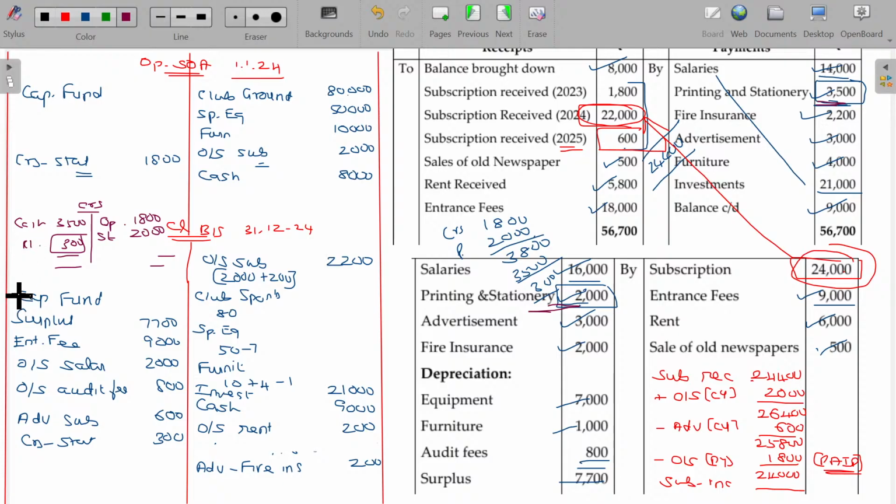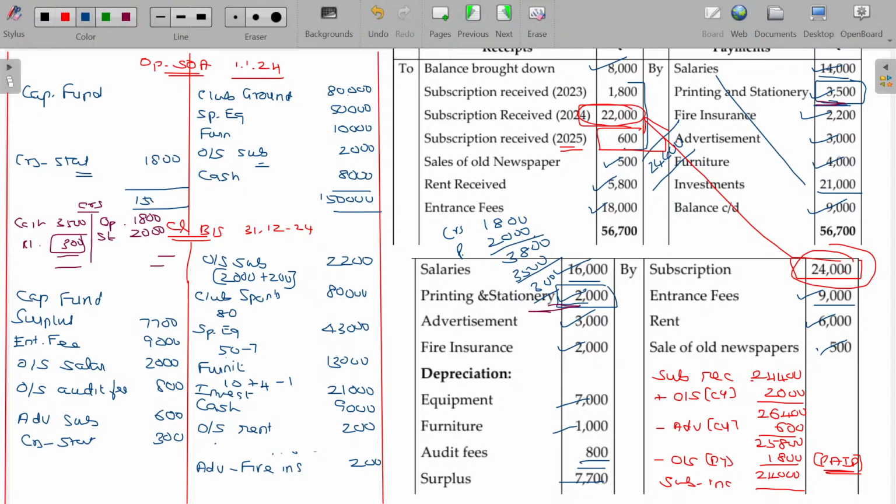This is closing balance. I hope I have completed all this posting. Now you can simply tally the accounts or sheets. Club sports remains the same value 80, and sports equipment 50 minus 7, 43,000. Furniture 10 plus 4 minus 1, 13,000. And find out the capital fund here. The balance of opening statement of affairs 1,50,000.